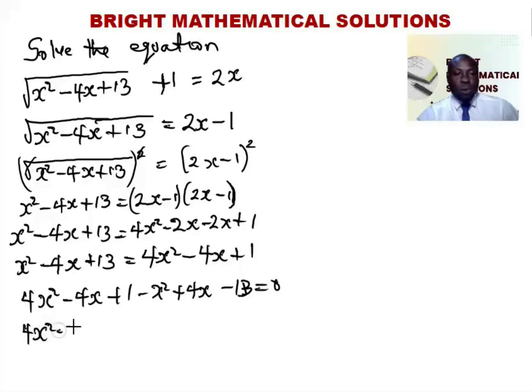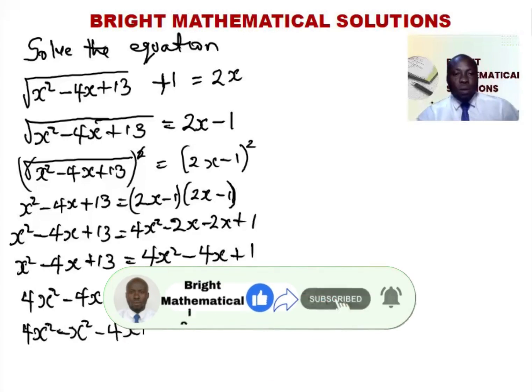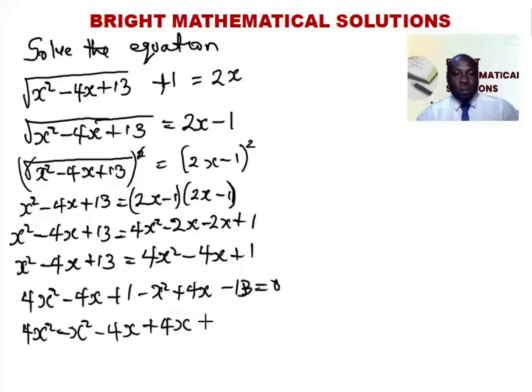Now, let us collect the like terms. 4x squared minus x squared, minus 4x plus 4x, plus 1 minus 13 equals 0. So 4x squared minus x squared, that is 3x raised to power 2.